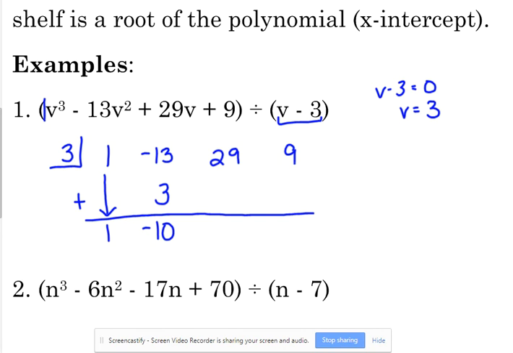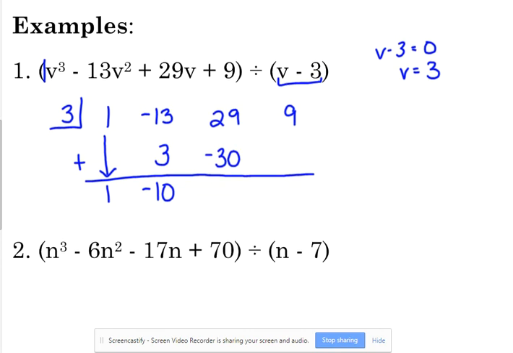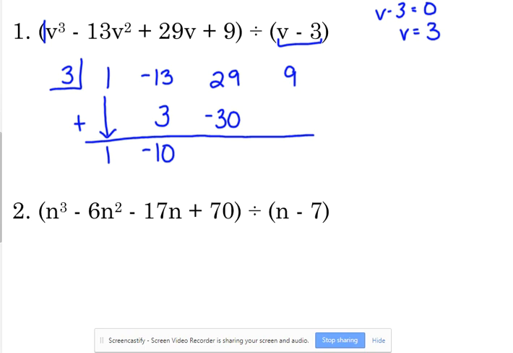Then we repeat the process. Multiply. Negative 10 times 3, negative 30. We add. 29 plus negative 30 is negative 1. Then we multiply times 3, so that's negative 3, and we add, and we get 6. That last term down there is always the remainder.